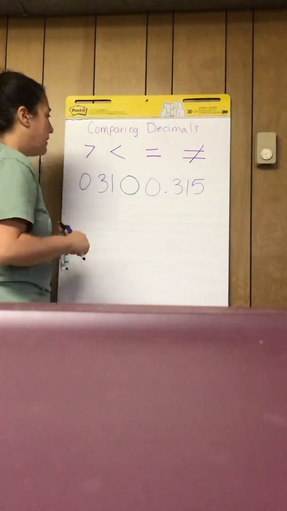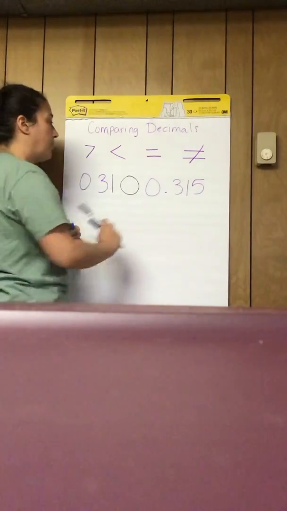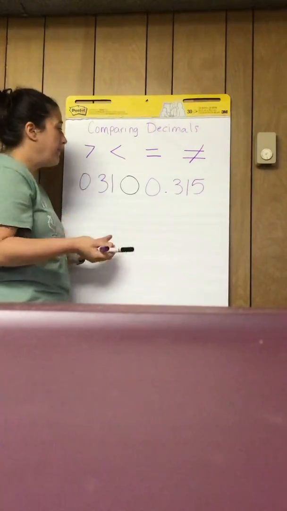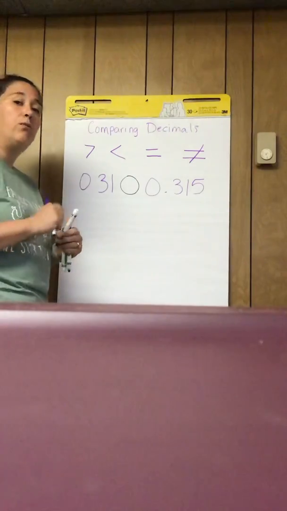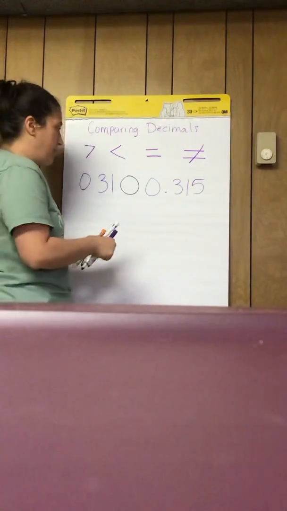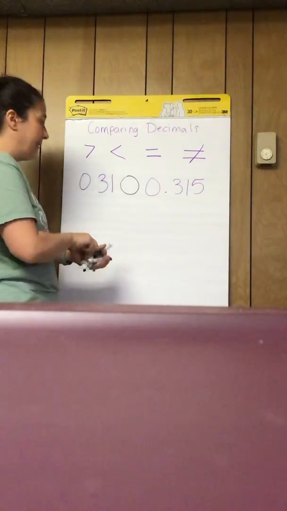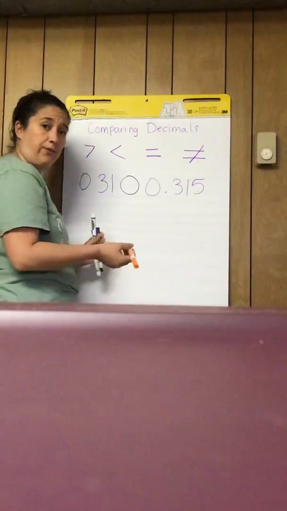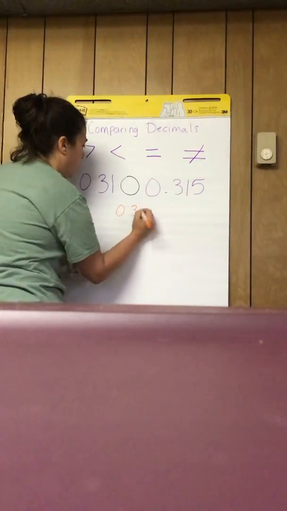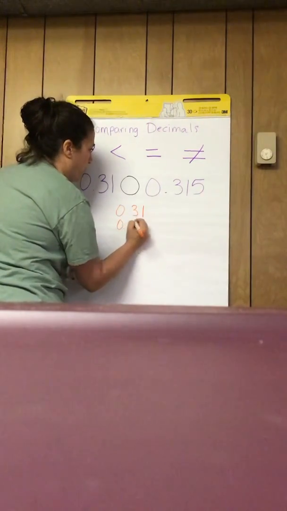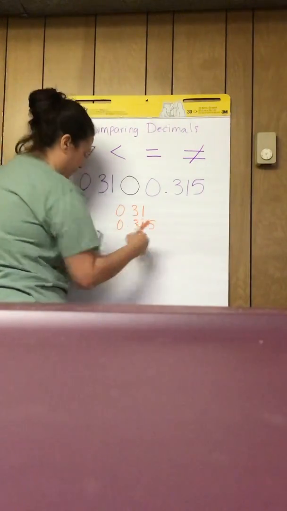Looking at these two decimals, a lot of you might pick this one. Sometimes that works out okay for you, sometimes it doesn't. So the number one rule is remembering to line them up and add your magic zero for the same number of digits. So for example, 0.31, 0.315.